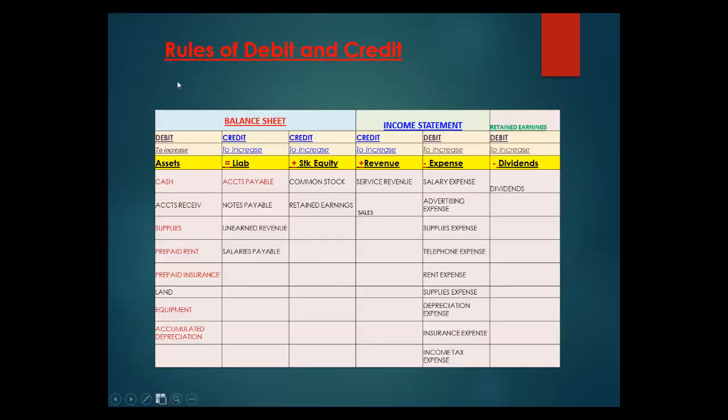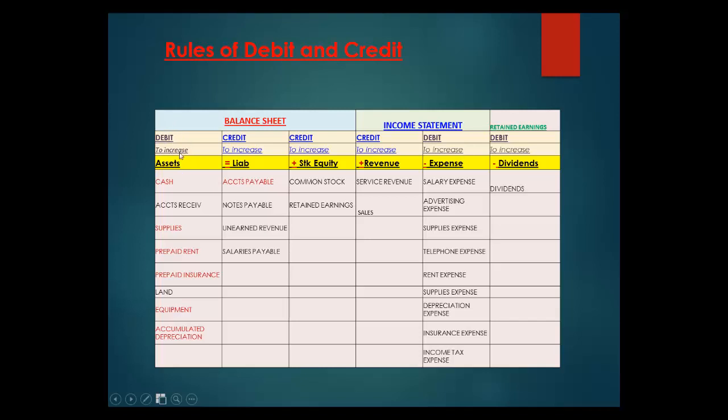So here's a review of the rules of debit and credit. As we go through the quarter, we're going to be adding a lot more accounts. But I just want to be really clear here. Assets, liabilities, stockholders' equity, revenue, expense, dividends, these are account categories. Underneath are the accounts. So as we create journal entries, we can only use accounts. We cannot use account categories. And then here are the rules of debit and credit.